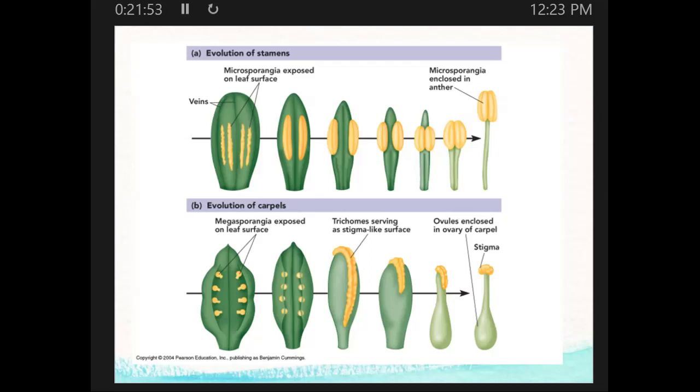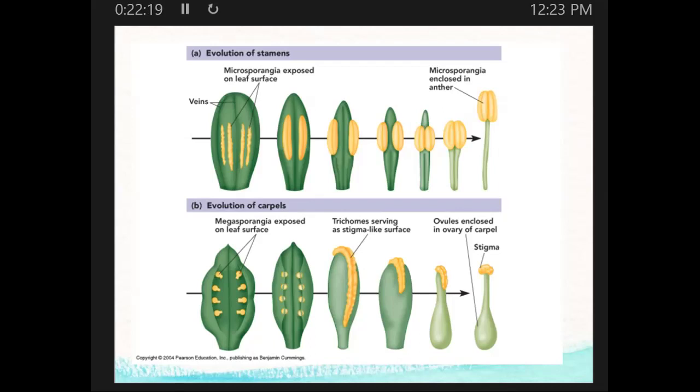So the stigma, style and ovary, they're showing on the bottom row there that you had again lots of leaf tissue involved initially, and then you start to see this rolling and fusion of the leaf, and then the stigma's on the seam of the leaf. And then you start to see reduction in the leaf tissue.